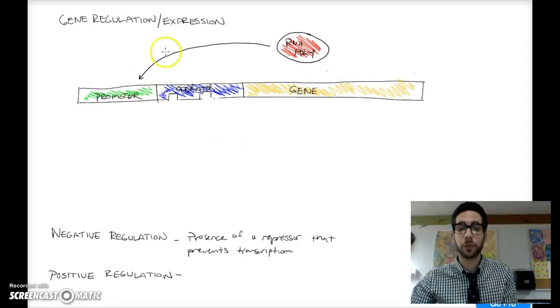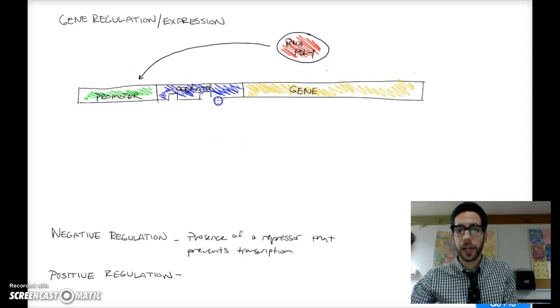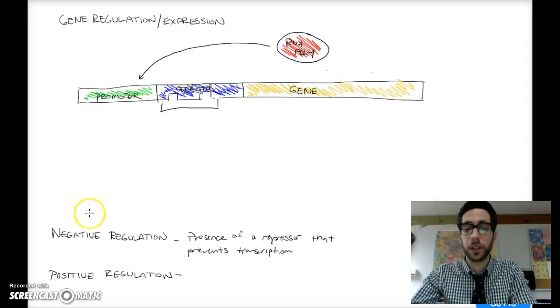And once that repressor is removed, transcription is allowed to occur. But under normal circumstances, there is a repressor present that prevents transcription from occurring.